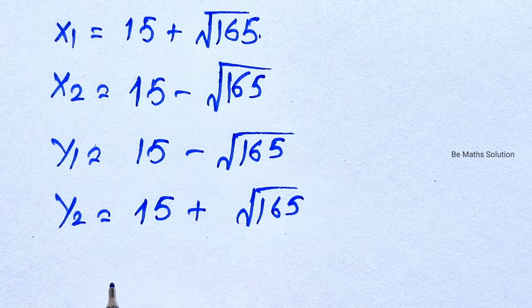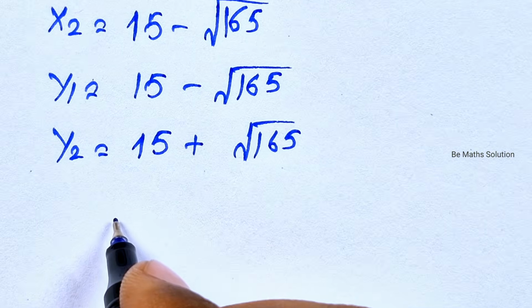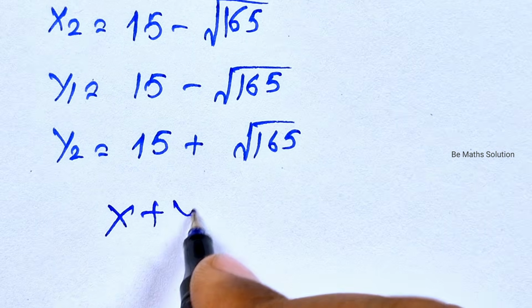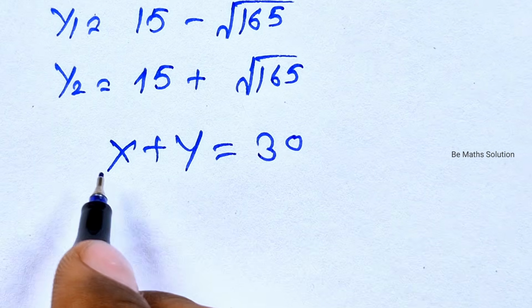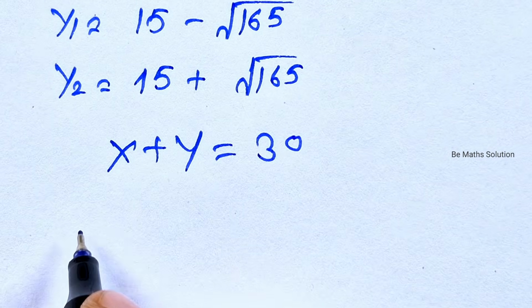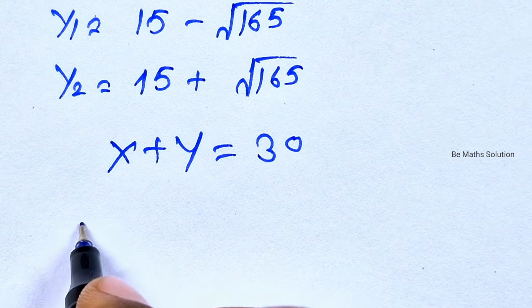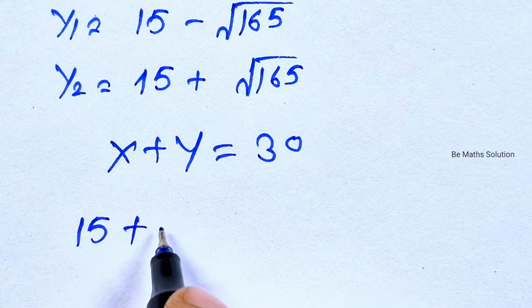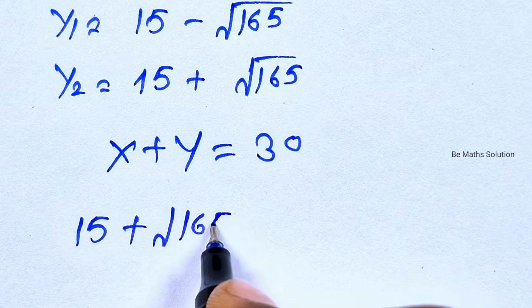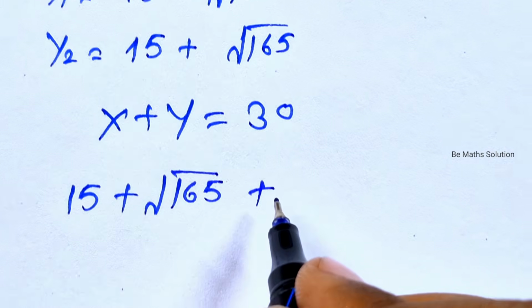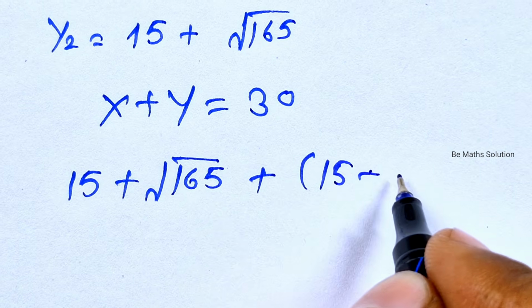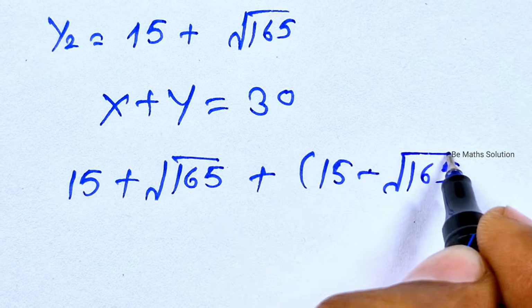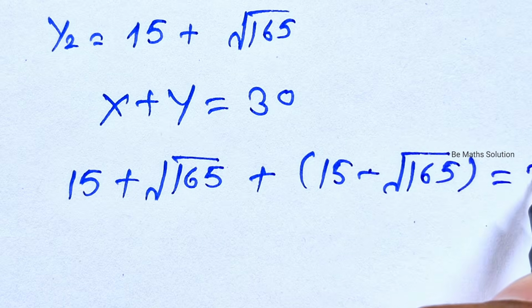Now from the problem, x plus y is equal to 30. Put the value of x and y. Then it will be 15 plus square root 165 plus 15 minus square root 165 is equal to 30.